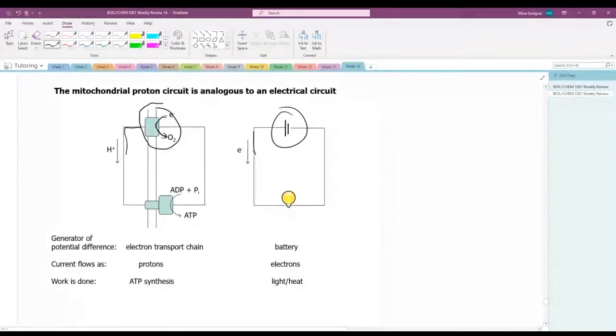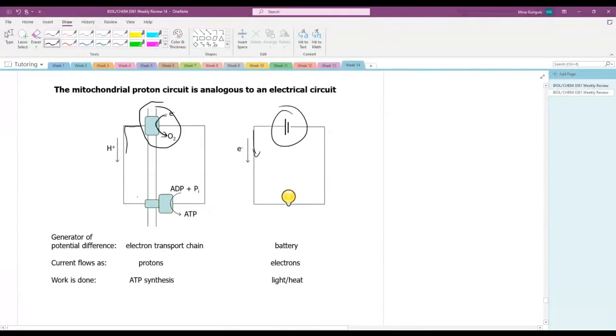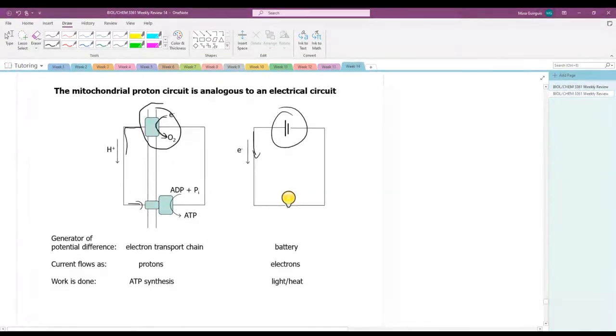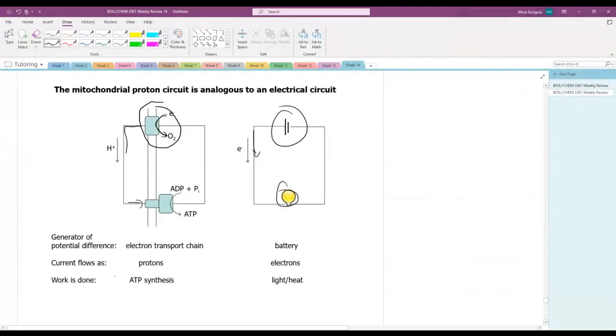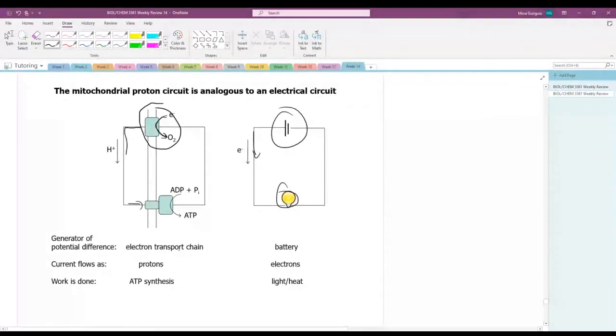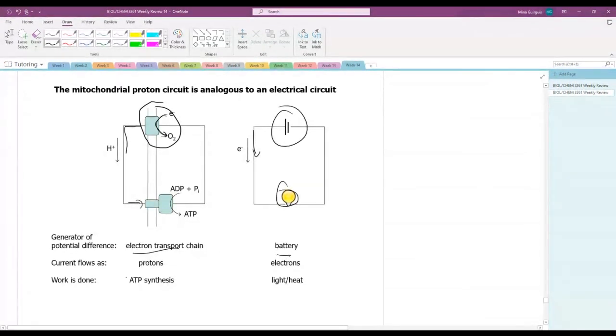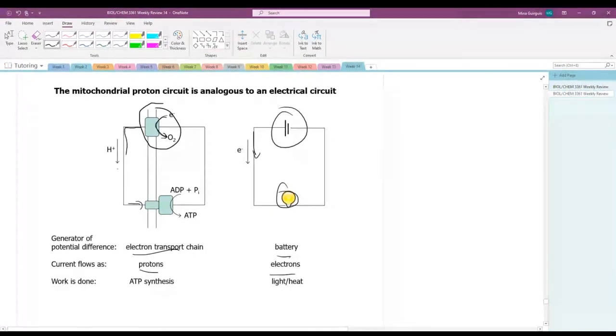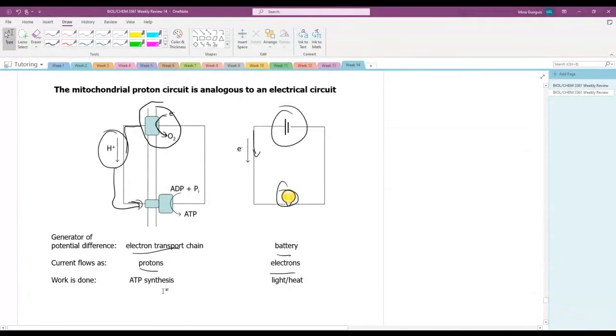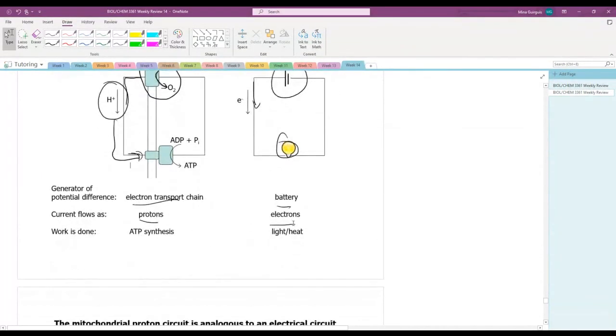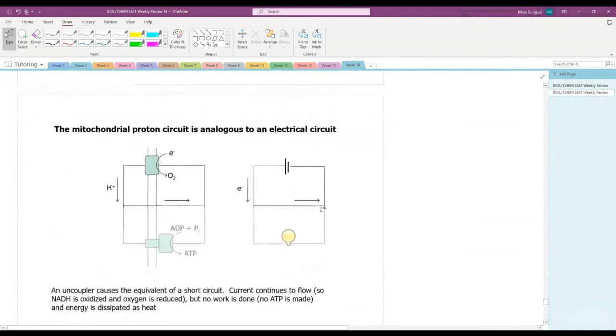In this case, electrons are the quote-unquote protons here. They flow to the ATP synthase, which is what we're trying to power, which gives us the light bulb. So the potential difference, the electron transport chain, versus a battery. Current is protons versus electrons. In this case, the protons provide the power through the proton motive force, and effectively we get ATP synthesis, whereas an electrical circuit would give us light and heat.